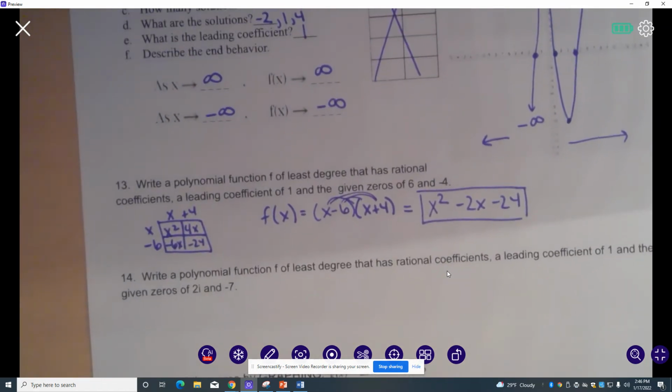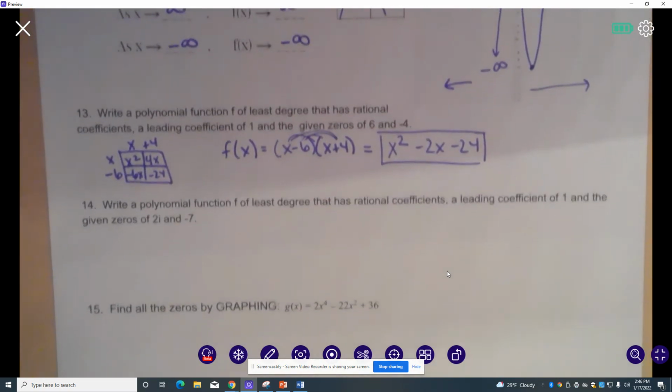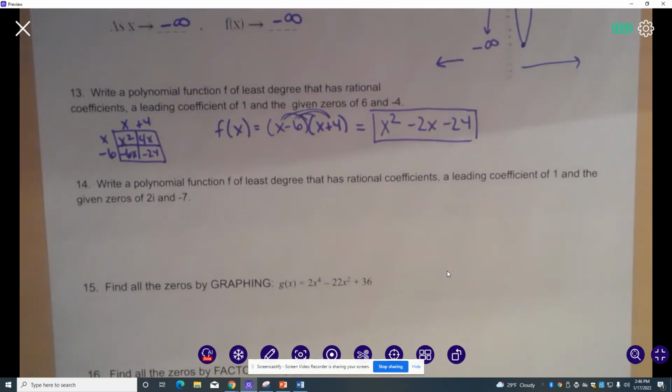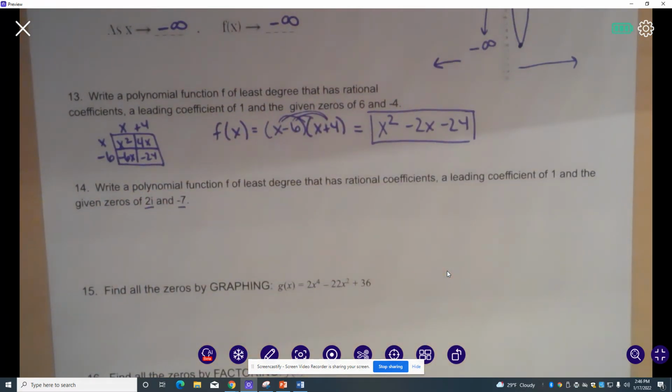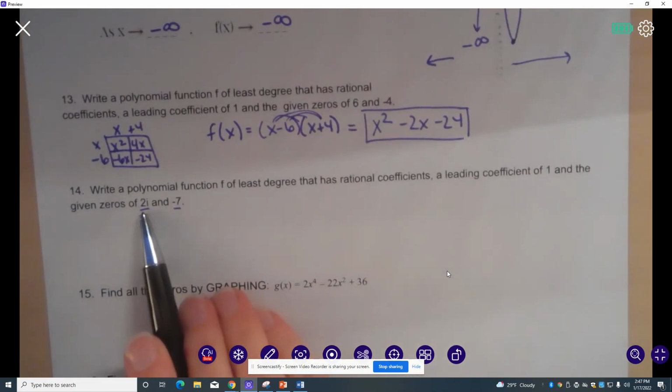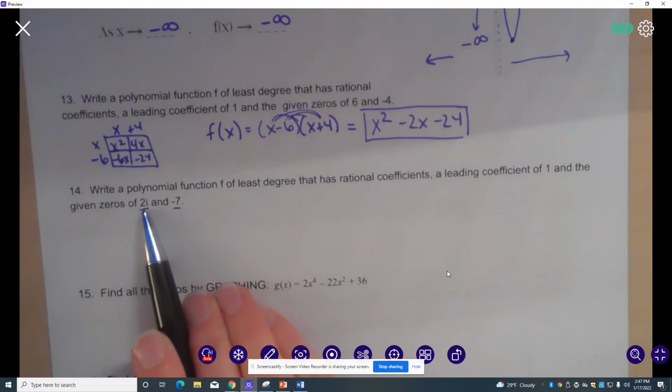In number 14, we're going to write a polynomial function f of least degree that has rational coefficients, a leading coefficient of 1, and the given zeros 2i and negative 7. So this one's similar to number 13. However, we know that if your zero is imaginary or it's an irrational number, like the square root of 2, for example, if the positive value, positive 2i is a zero, the negative value is also a zero.